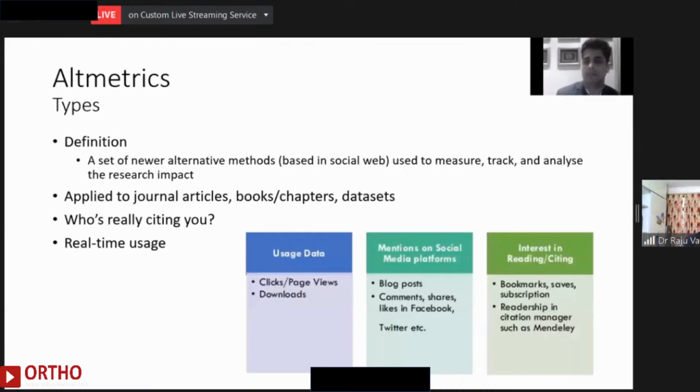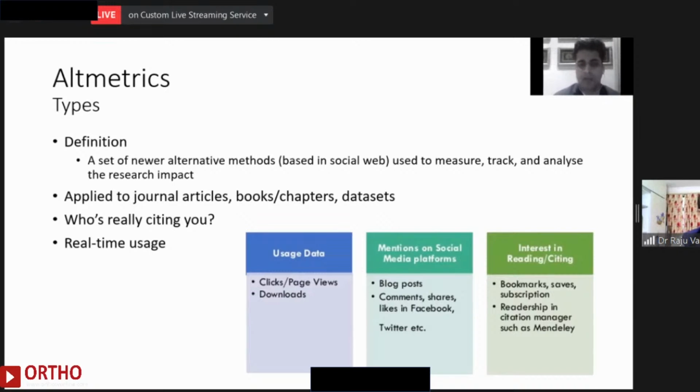Altmetrics, by definition, is a set of newer alternative methods based on social media or the web to track, measure, and analyze the research impact of articles, of authors, and of journals. You want to see who's actually reading or citing or talking about you, and that's real-time usage.